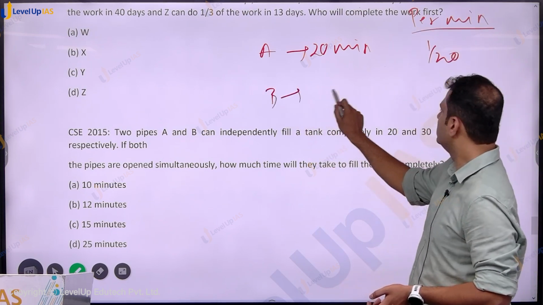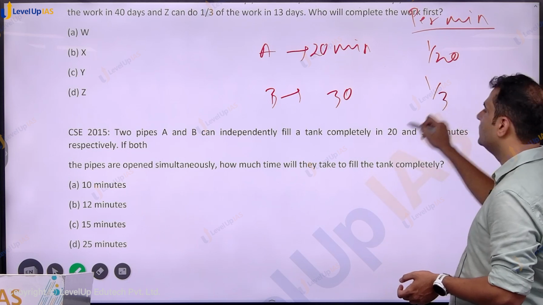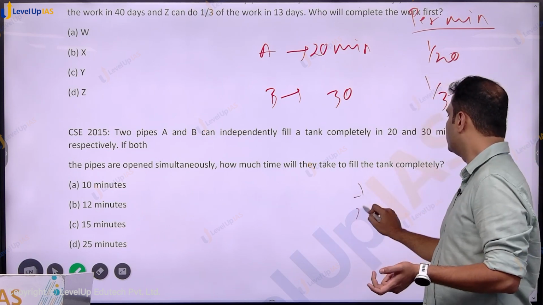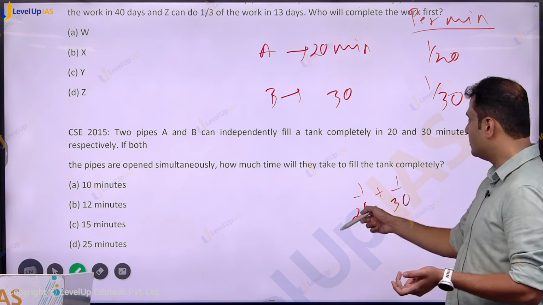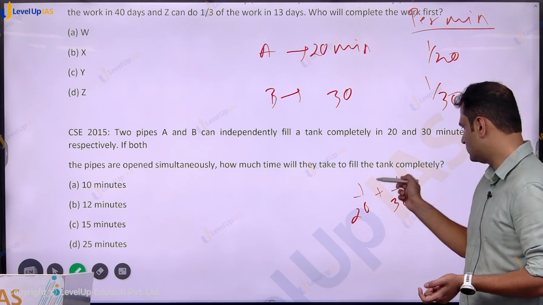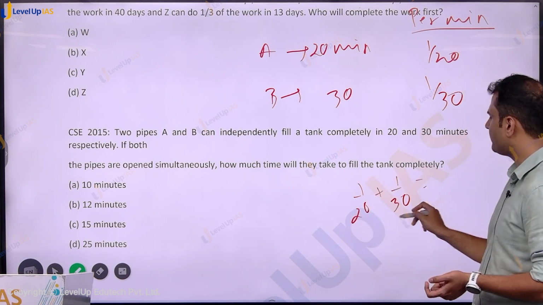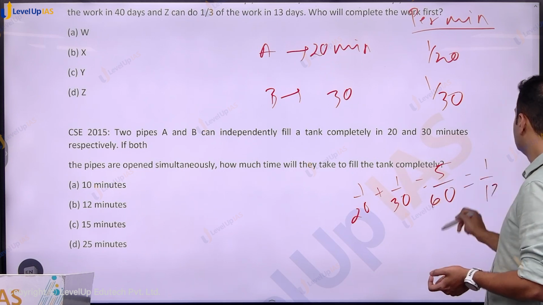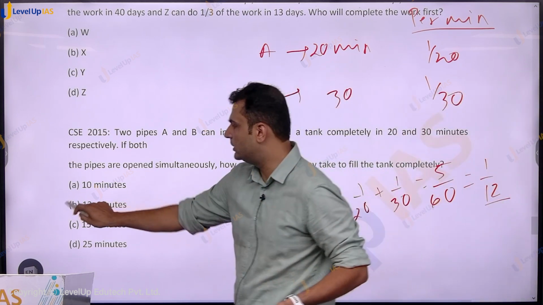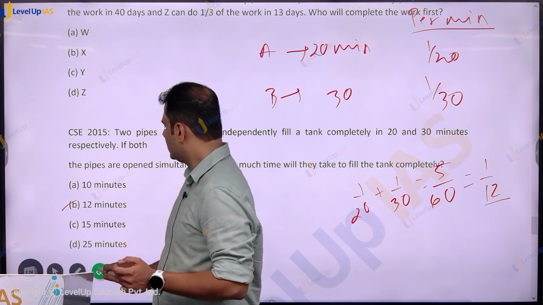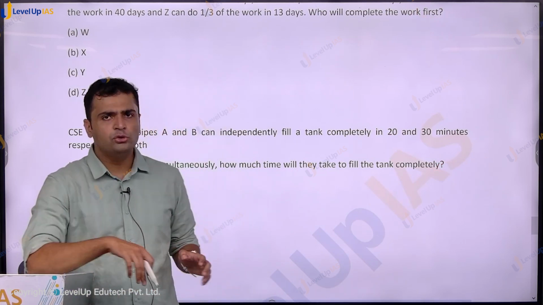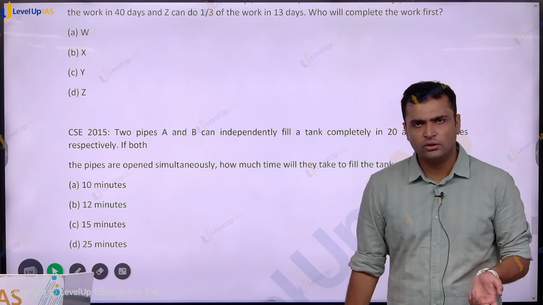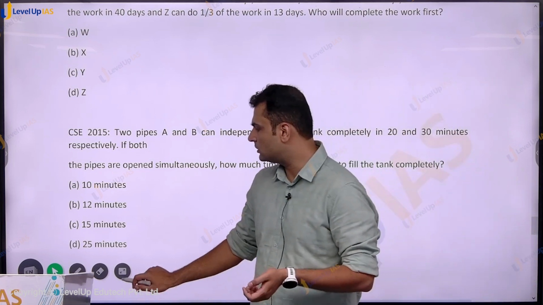B, 30 minutes. In 1 minute, 1/30. So if they are open together, 1/20 plus 1/30, LCM is 60. So it is 2 plus 3, 5/60, which is equal to 1/12. So the full tank is filled in 12 minutes. Very simple chapter. I hope you got the idea, and I hope you will be able to do a question on it if it appears in the examination.